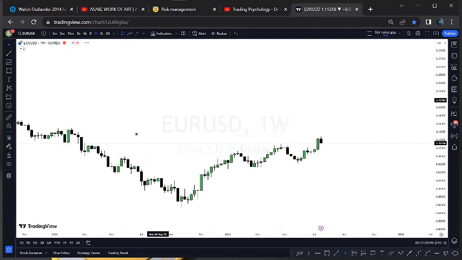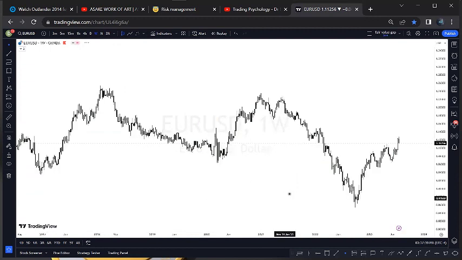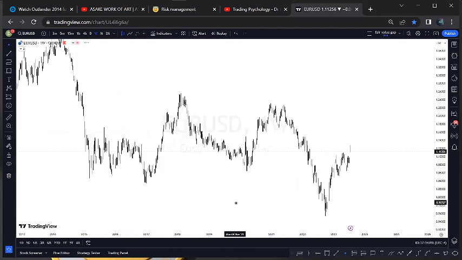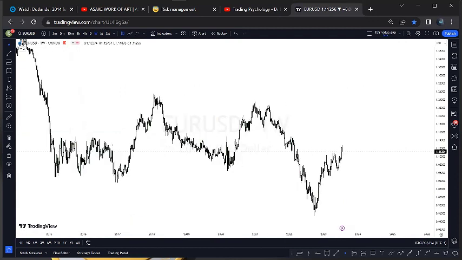On the weekly time frame, your duty is to anticipate, okay, we have taken out this liquidity here. So after taking out this liquidity here, where is the next place price will likely go?